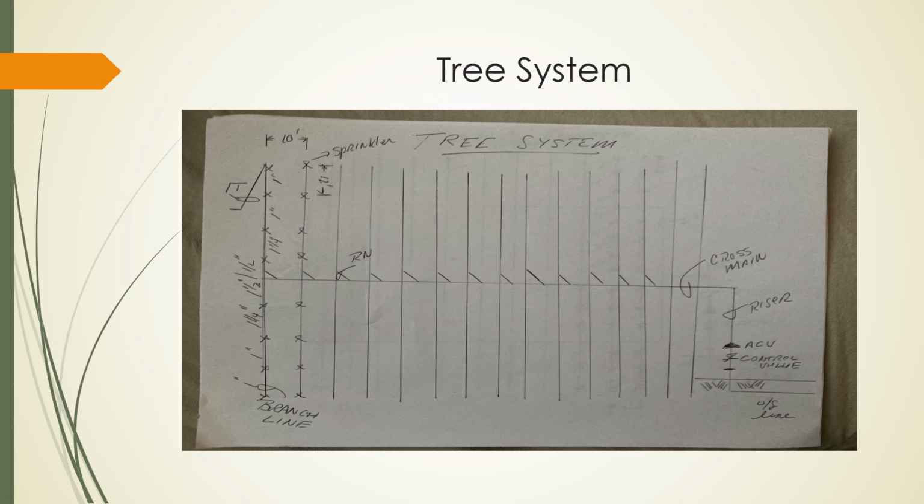And if you look towards the continuum on that to the left, you'll see an RN, that's a riser nipple. So that tells us that from the cross main, there's a pipe that will now extend to the branches, and those branches are the vertical components that you see. And as you can see, I've kind of given the distance between branches as 10 feet.